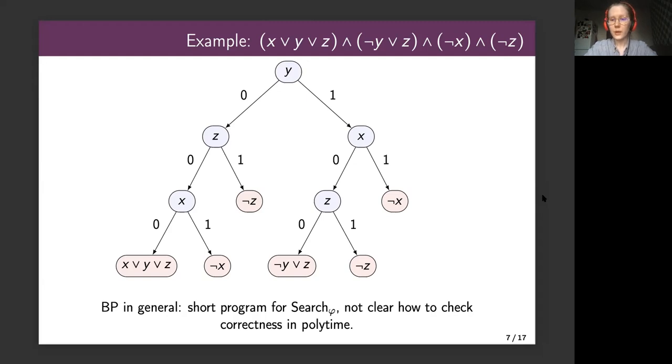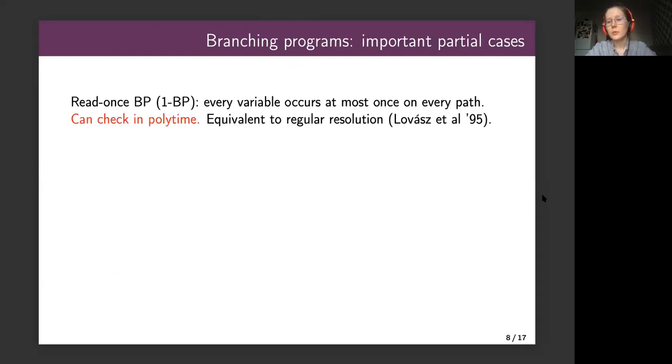Okay, but there are important partial cases of these branching programs, and the first one is called read-once branching programs, or 1-BP. Here, we require that every variable occurs at most once on every path in the program. Here, we cannot do this trick of checking all the clauses consecutively, and now we can check the program in polynomial time.